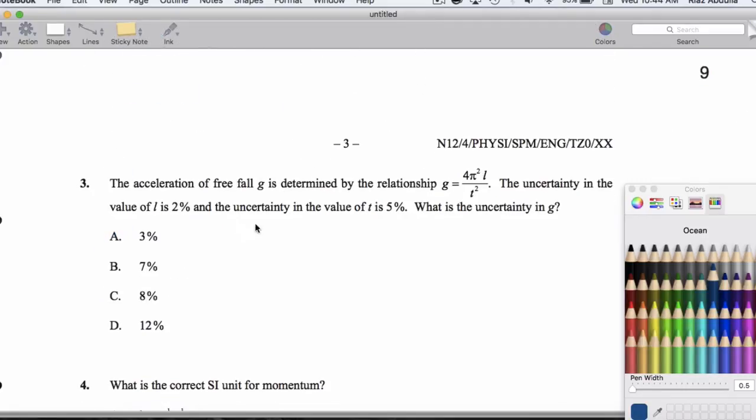We have some uncertainty. Now we're dealing with percent uncertainty, and I want to talk about it.